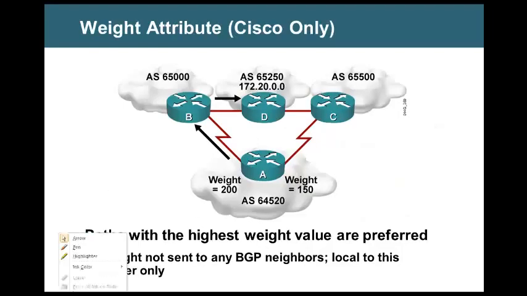Weight. Weight is a Cisco proprietary attribute. It is seen only in Cisco. And this weight is not the same as local preference, but partially it is the same. How? Weight has no scope with other ASes. Weight is only local to the router.